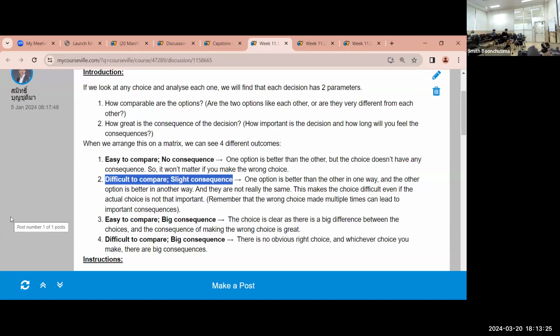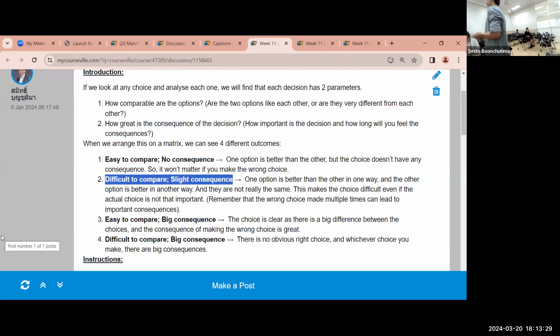Same example as Sarah, but for me, the water falls into difficult to compare but slight consequence, because I think I'm quite picky with water. Oh, yes, you're right. Because the dimension that you compare is not the color of the label. No, I really prefer the taste.